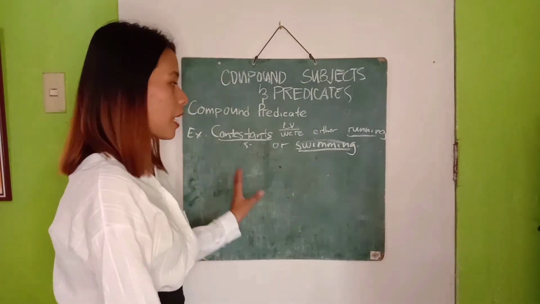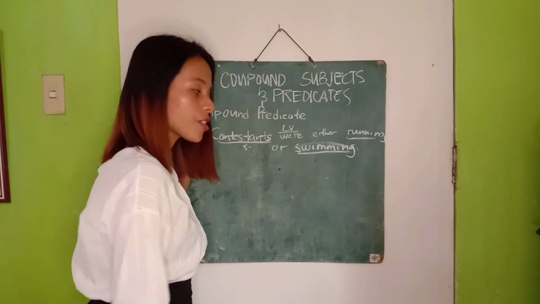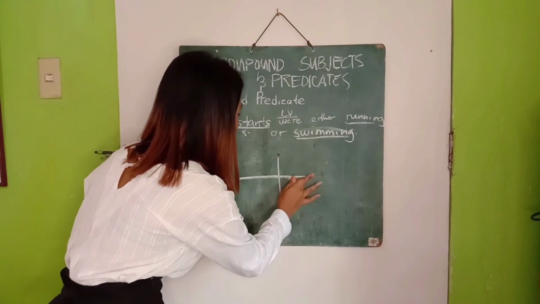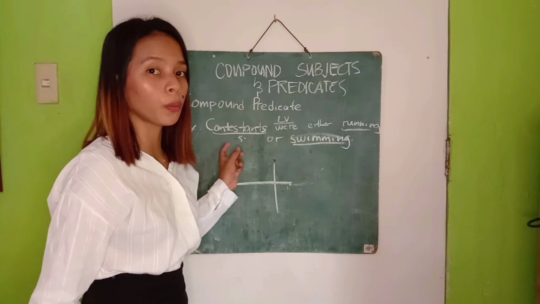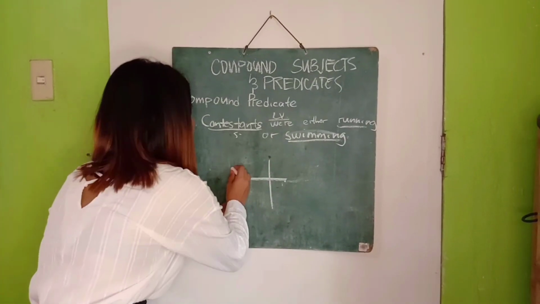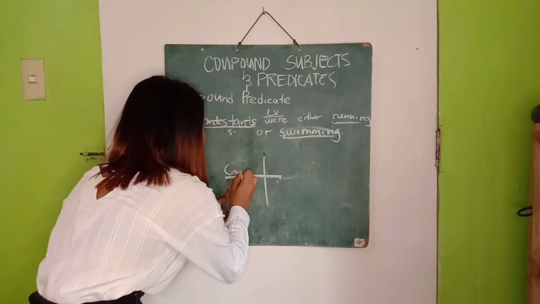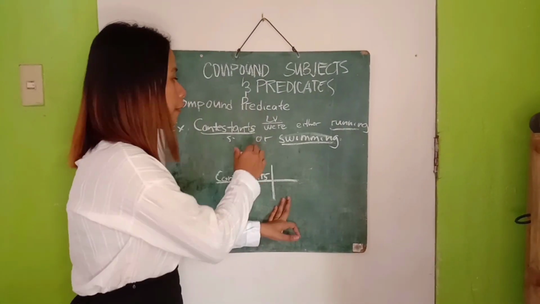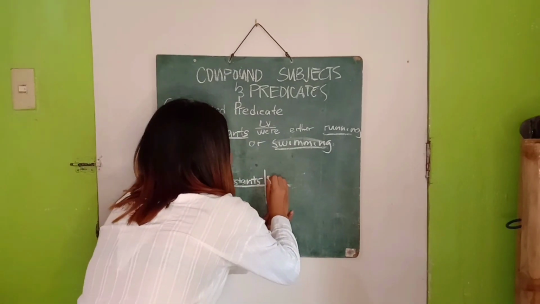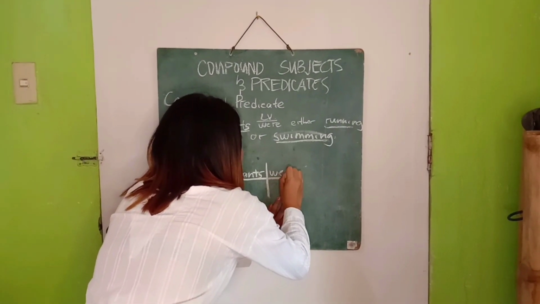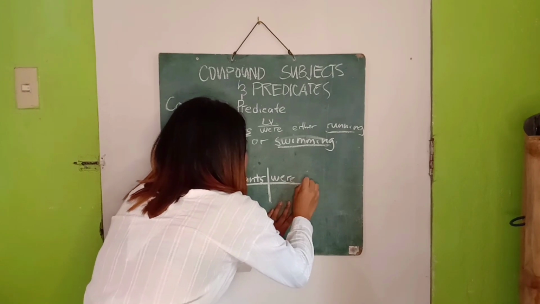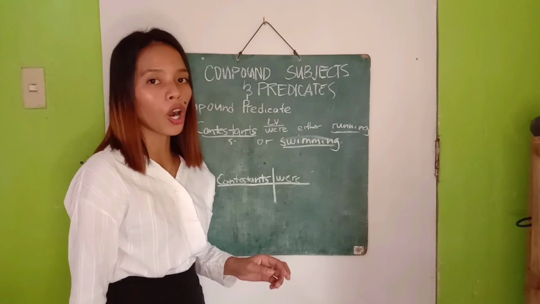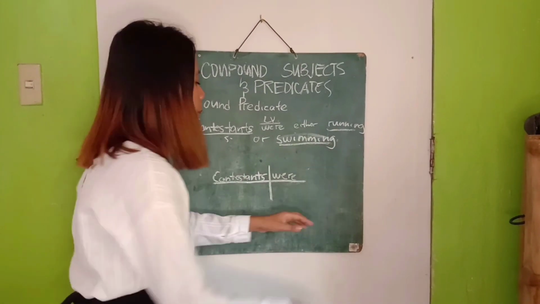To diagram this sentence, firstly, we're going to draw a horizontal and a vertical line. We're going to put the subject, contestants, at the left side, and the linking verb at the right side. To separate our linking verb from the predicates, we're going to draw two branches again since there are two.